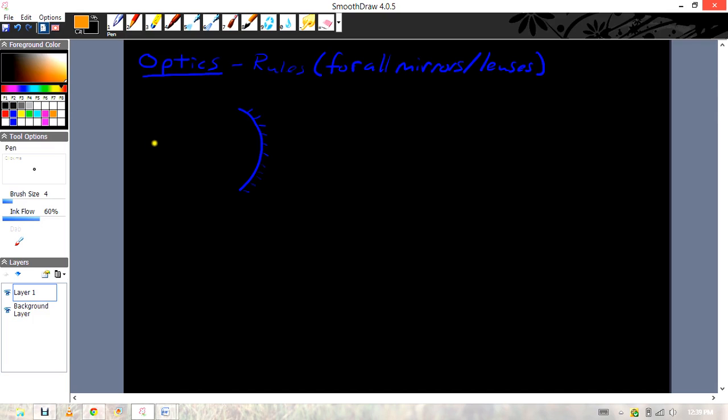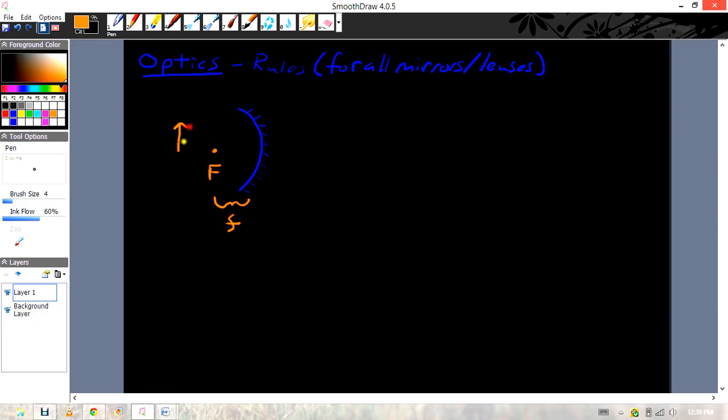So if I have my mirror, it'll have a focus, of course, and it'll have some focal length. I then place an object, which I will just draw as an arrow.